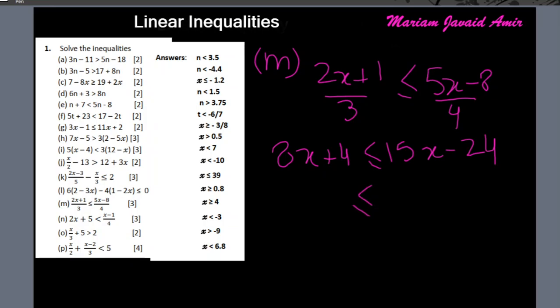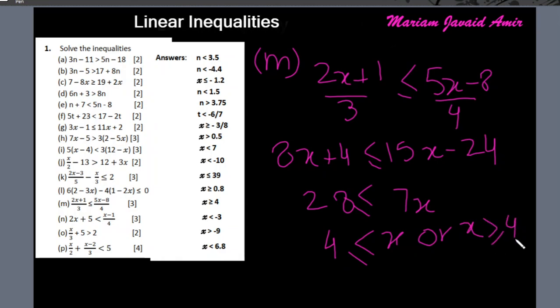So 15 minus 8 is 7x, and this becomes 28. So x is greater than or equal to 4, or write it as x is greater than or equal to 4.